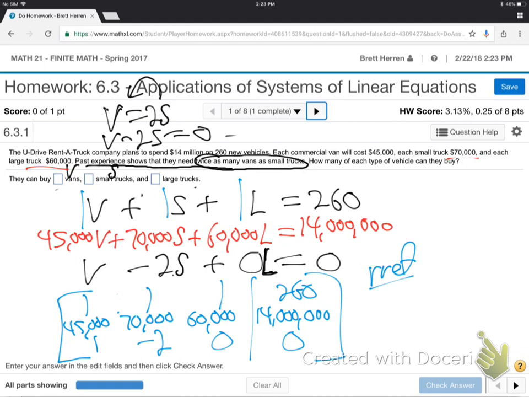Did somebody get it? What did it come out to be? Let me do it real quick. It's a 3 by 4. Careful on the zeros.